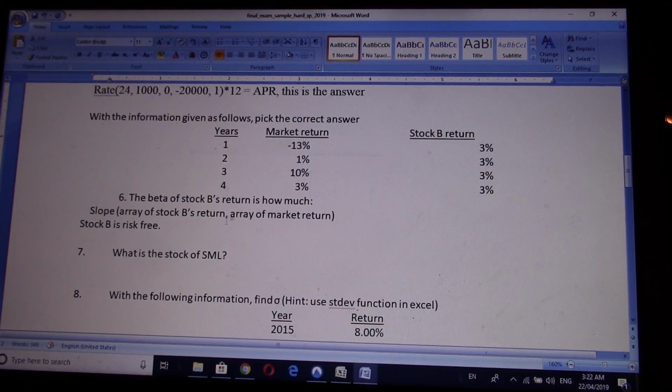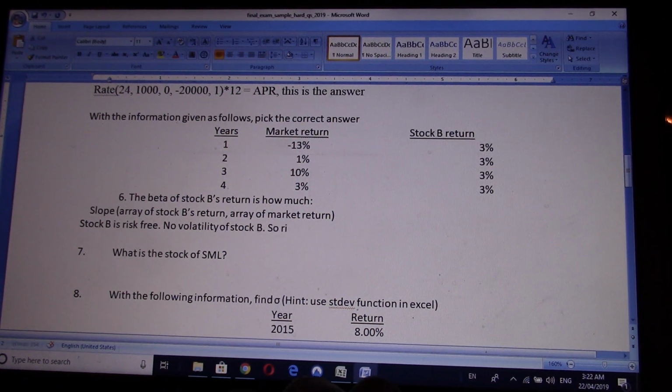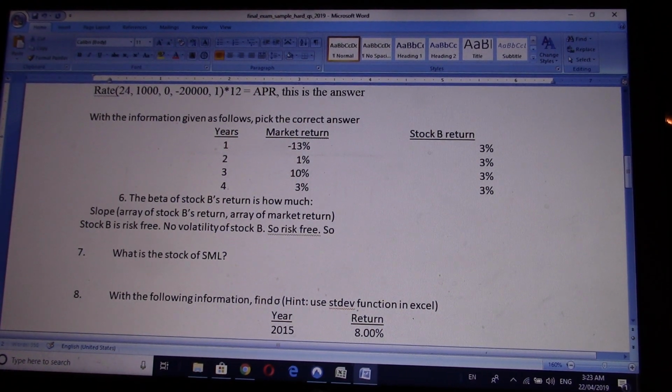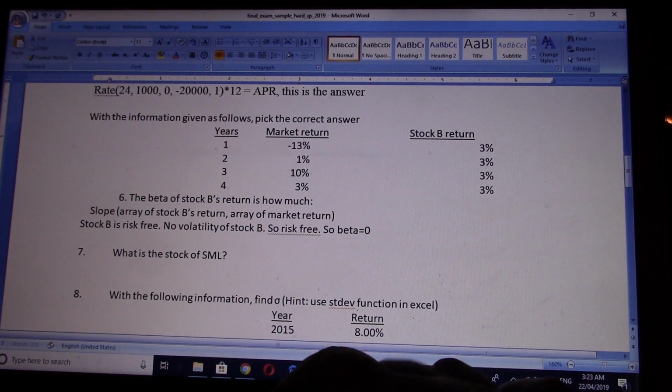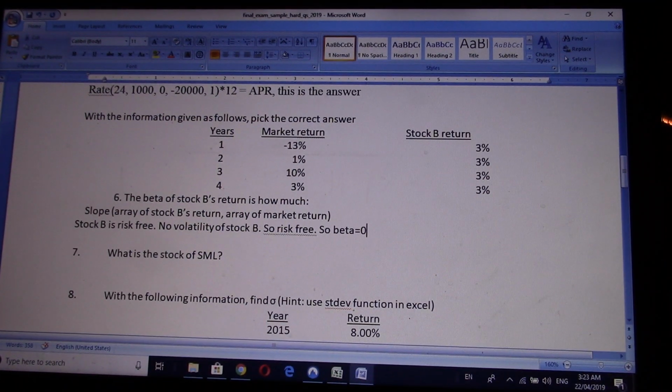So there's no volatility of stock B. So it's risk-free. So beta should be 0 when the security is risk-free, so it's not changing at all with the market. It's very insensitive to the market. So its beta has to be 0.